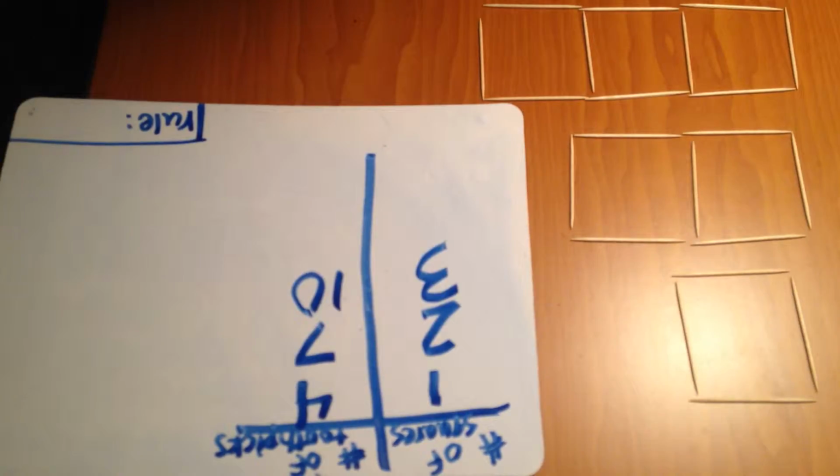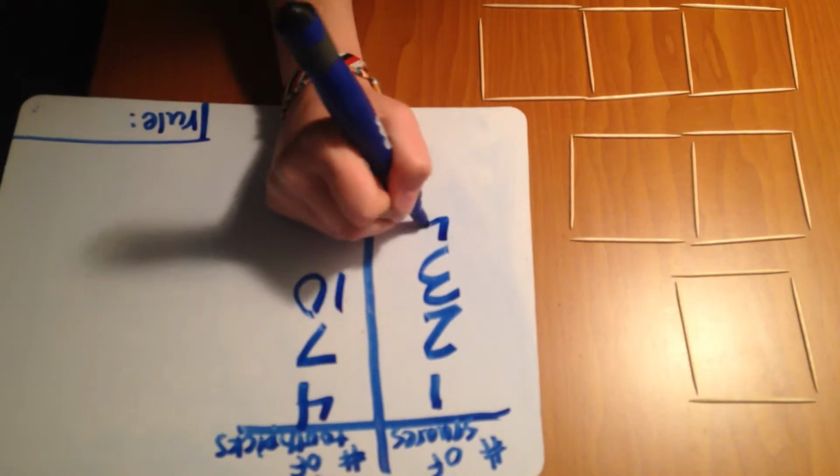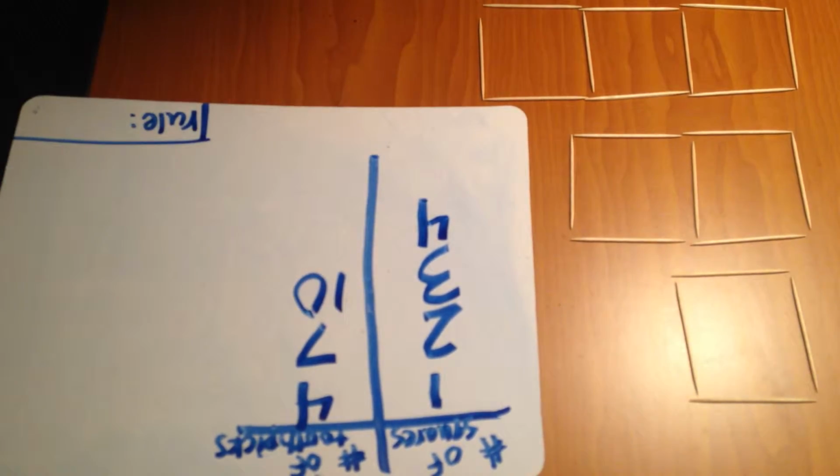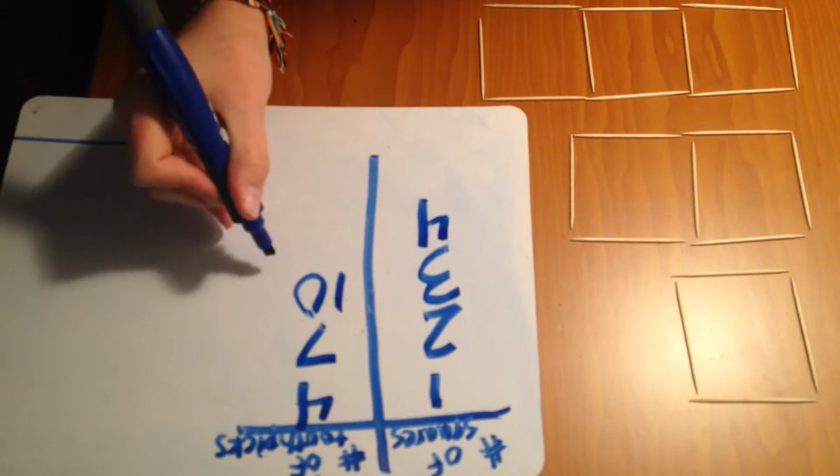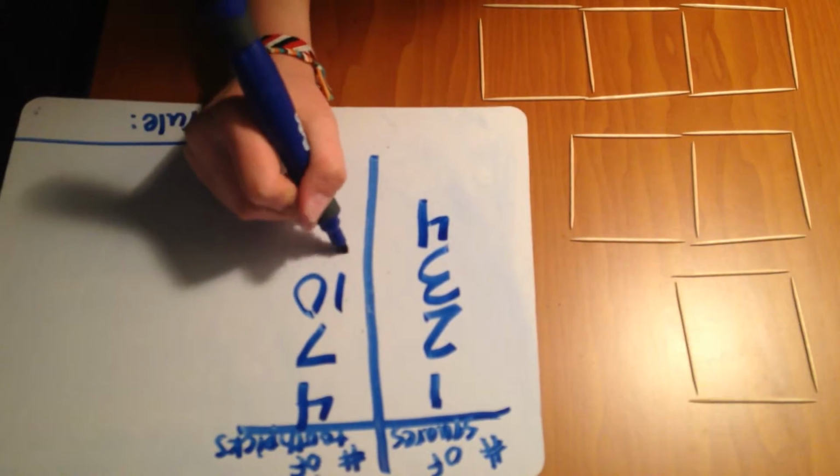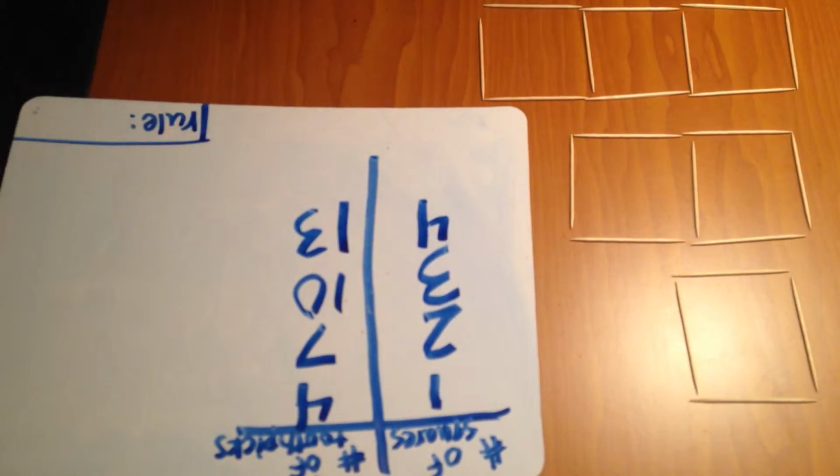So I'm going to find how many toothpicks there would be in 4 squares. Because if it's going up by 3, I know it's going to keep doing that because it's a pattern. So in 4 squares, I'm going to have 10 plus 3, which is 13. I'm going to have 13 toothpicks.